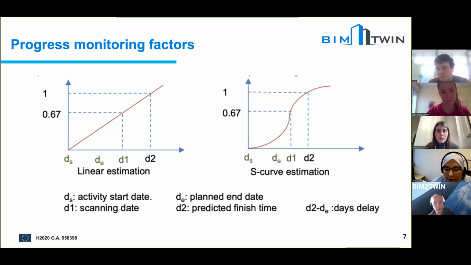To predict the finish date, we need first to compute the speed of the activity. To compute the speed of the activity, we have two assumptions. The linear assumption means that the speed is linear or uniform during the activity. The S-curve assumption means that the speed is slow in the beginning of the activity, then faster, and then becomes slow by the end of the activity.